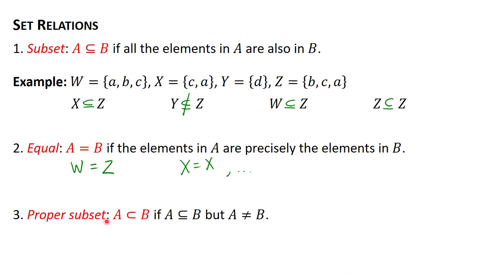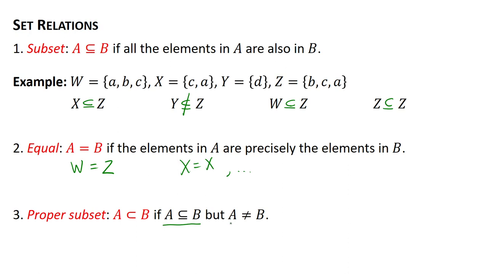And next, the last set relation is called the proper subset. Okay, don't get confused. Let's describe it first. A is a proper subset of B if, number one requirement, A should be a subset of B to begin with.